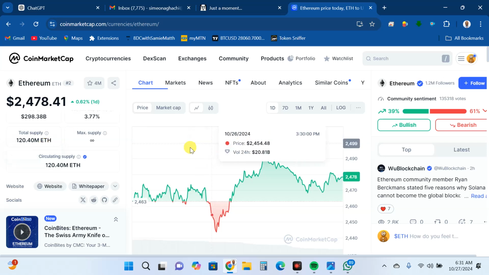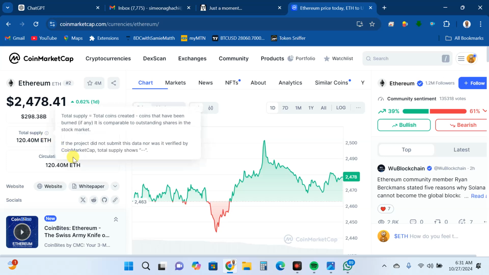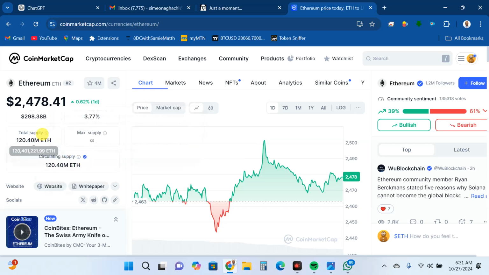So if you have your circulating supply in a project and there is no total supply showing, it doesn't mean there is no total supply already pre-existing before they listed on CoinMarketCap. It simply means that the CoinMarketCap team have not verified the total supply, or probably the team did not submit the total supply of the project to CoinMarketCap, so you will not be able to see it.